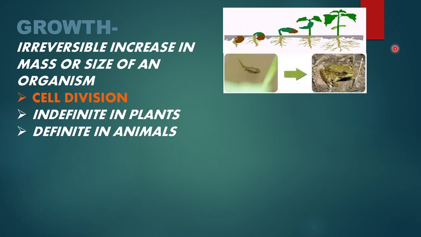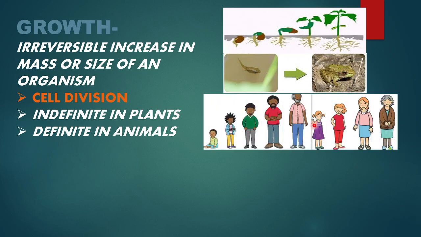Definite in the sense that, as you can see here, the tadpole grows to become the adult frog. Now, the adult frog will not keep on growing till the time it dies. There is a fixed size where it will stop its growth. It will not grow beyond that size. Same case in humans too.